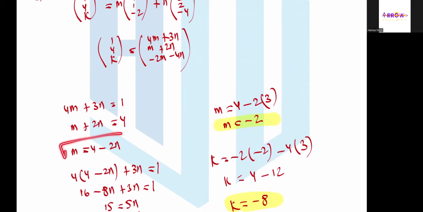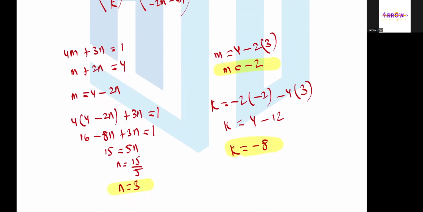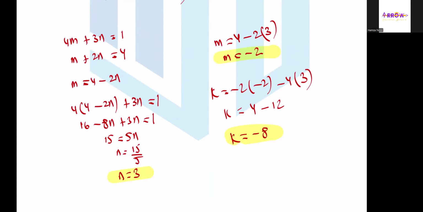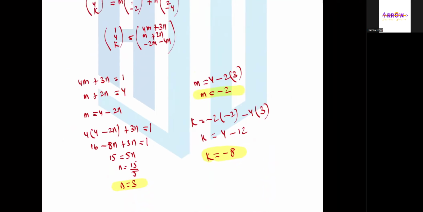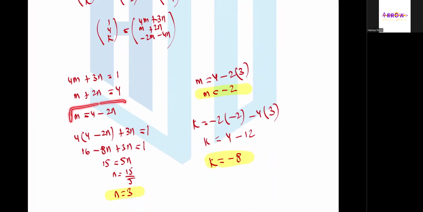So m is equal to 4 minus 2n. I'm going to substitute this into equation number 1 in order to eliminate m, and I will be able to get the value of n, which is equal to 3. So n is equal to 3. And since m is equal to 4 minus 2n, m is equal to 4 minus 2 times 3. So the value of m is minus 2.